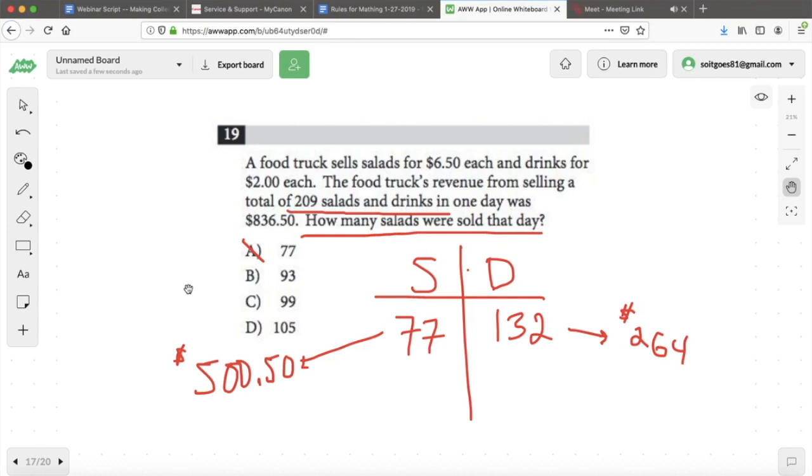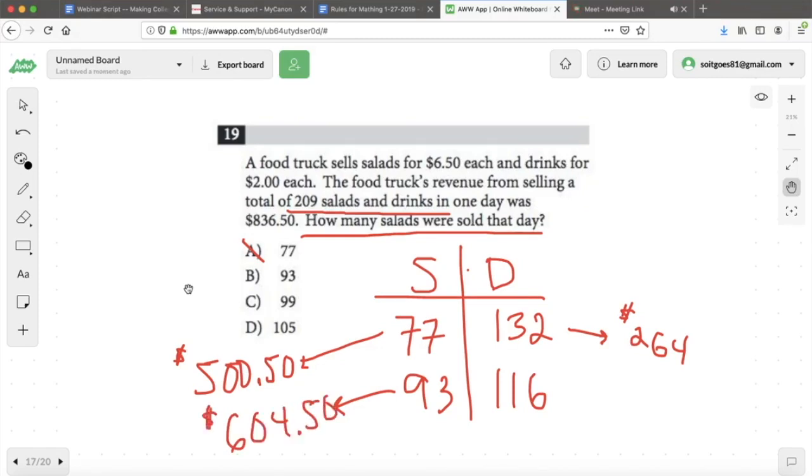Let's test 93. Could it be 93 salads? How many drinks would we have if it was 93 salads? 116. How much revenue from the salads? $604.50.